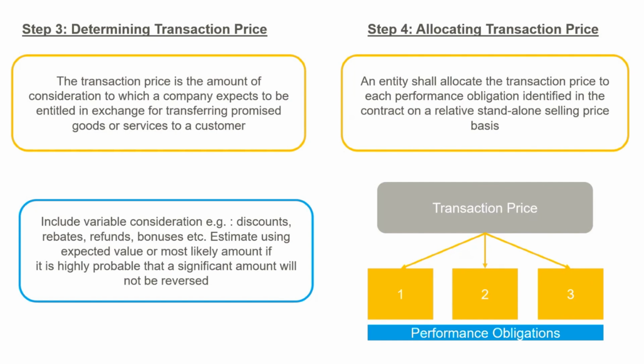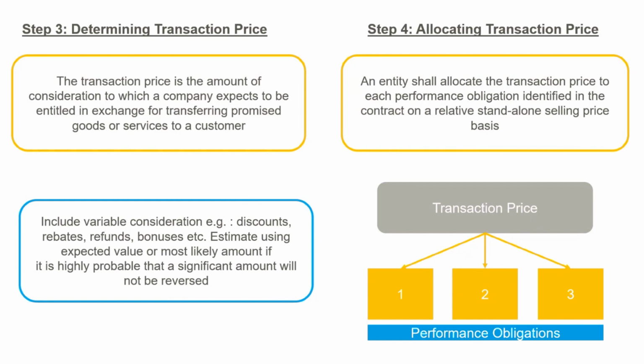One of the more challenging areas of determining the transaction price is when there is variable consideration. So variable consideration is any element of the transaction price which varies according to uncertain future events. So that would include things such as discounts, rebates, refunds, or bonuses.